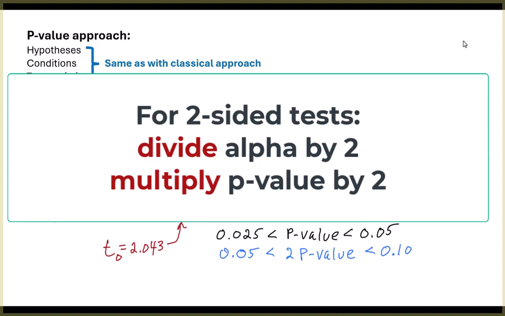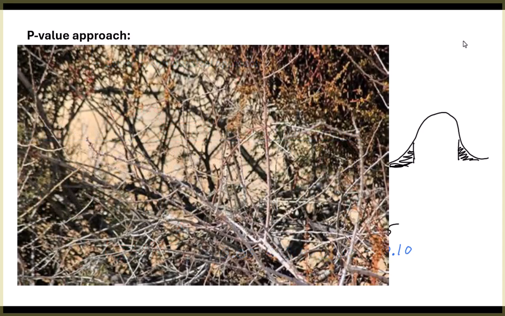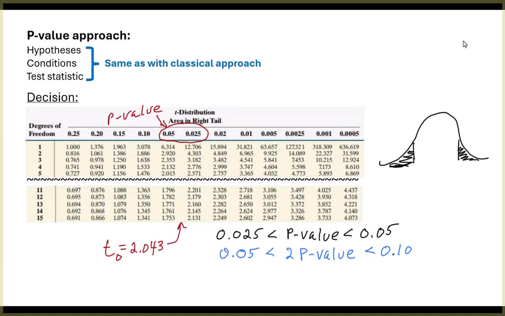Two-sided tests are just waiting for you. Big briar patch. When I did it on a calculator, I think it came out to be 0.07 something, but it's in between 0.05 and 0. So the last thing I put on your notes is, well, next to the last thing.